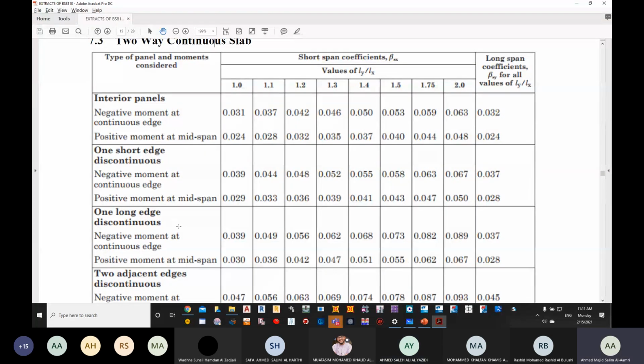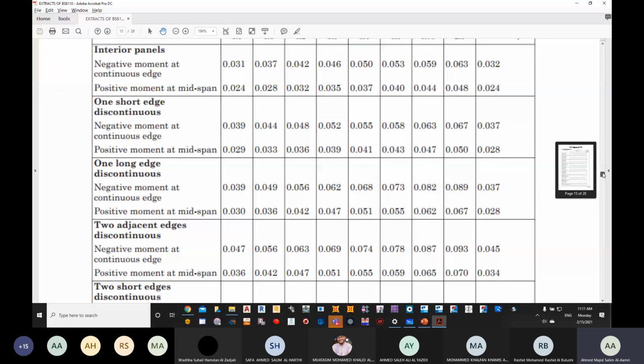Now going for case number 3. One long edge discontinuous. One is discontinuous. So how many continuous are there? 3. 3 continuous and 1 discontinuous, right? Which one is discontinuous? Long. Okay. So we'll return back here.